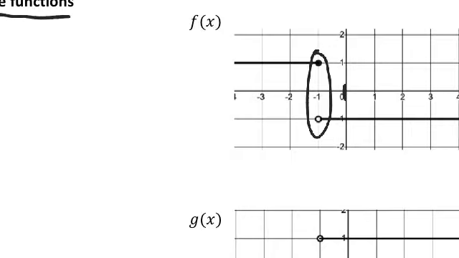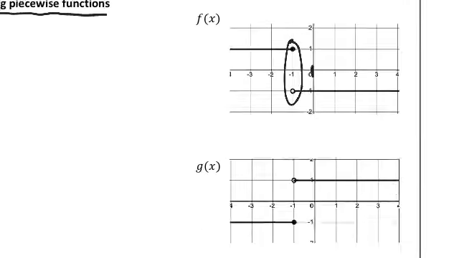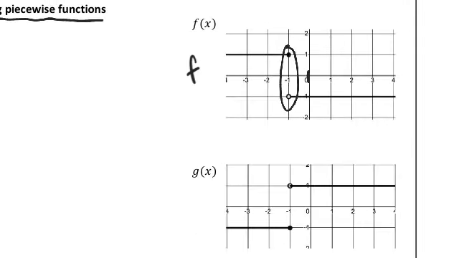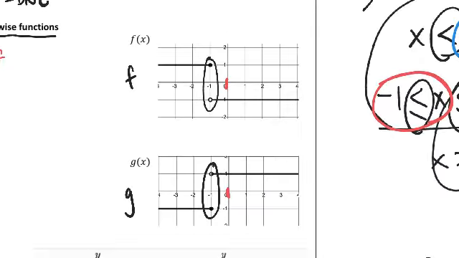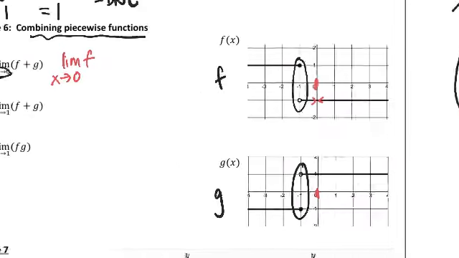So if you're looking at f, which is this one, and g, which is this one, right? The breakpoint is at negative 1. So if you're talking about a place that's not the breakpoint as your arrow number, right? You're talking about x is equal to 0, then you don't have to do one-sided limits. You can see that the limit of f as x approaches 0 is equal to negative 1, right?